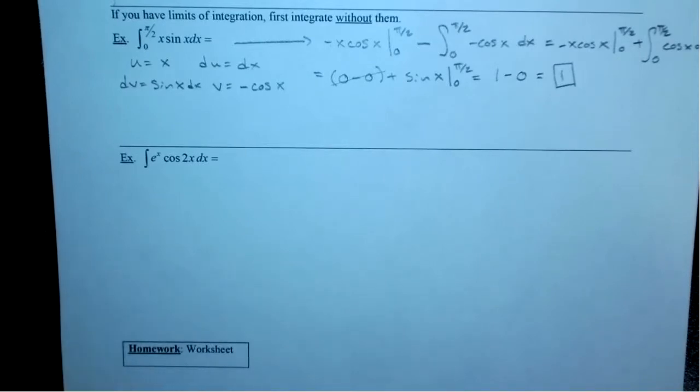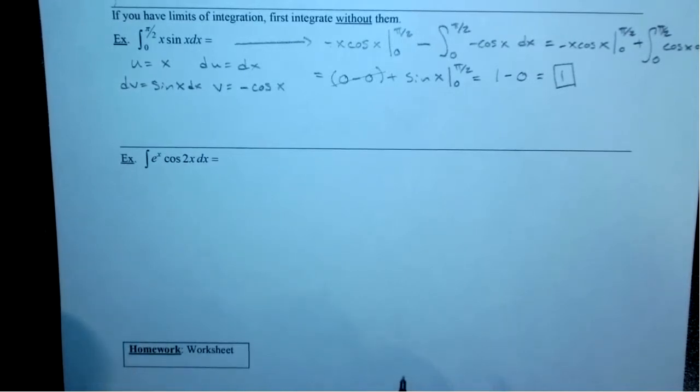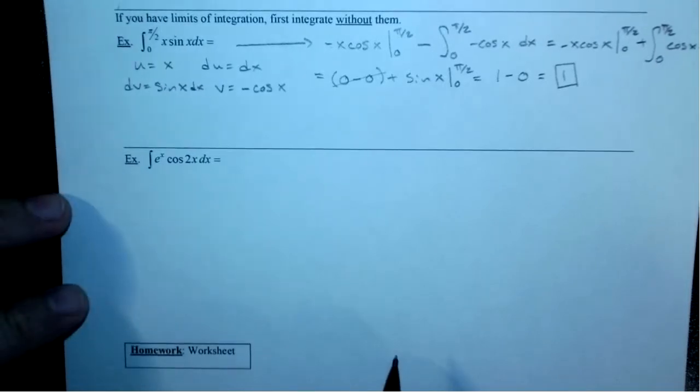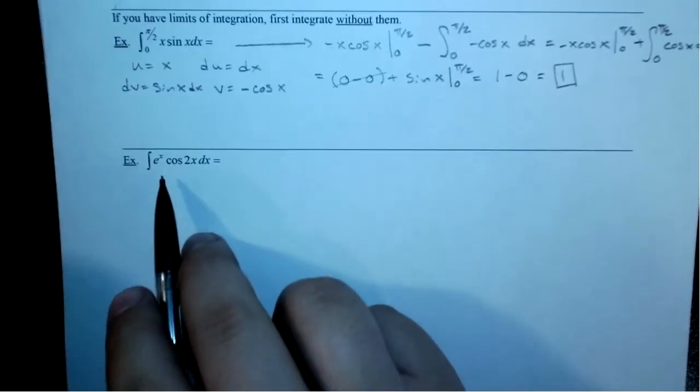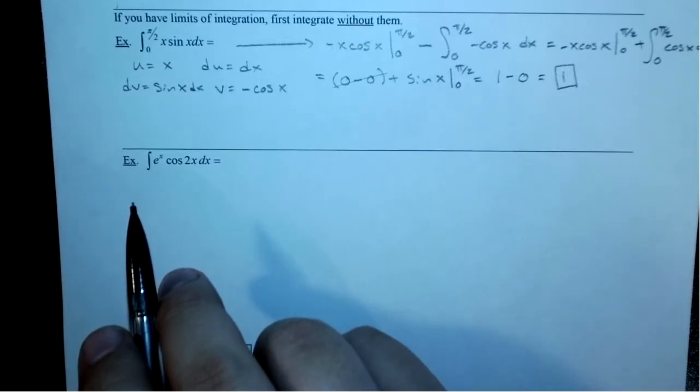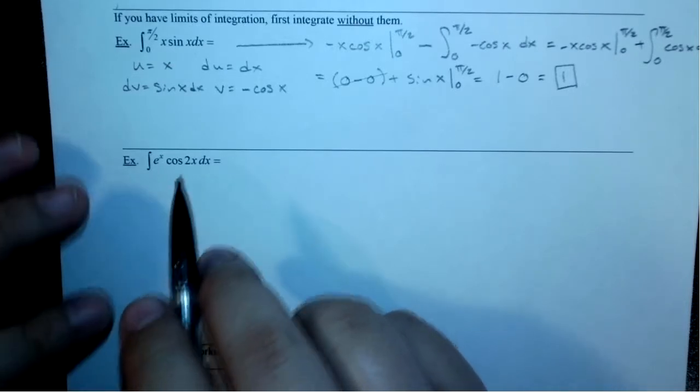All right. So this one's a little interesting because you have to do your integration by parts at least 2 times, I think. And you can't use your tabular method because, okay, got my mic back.